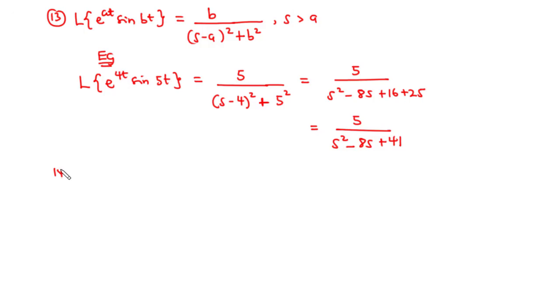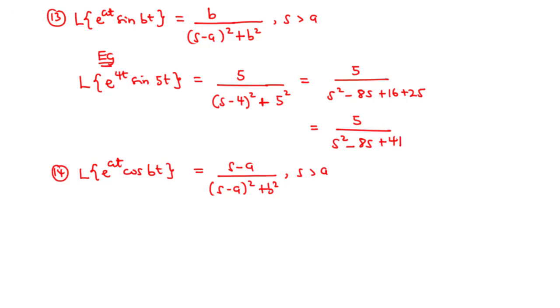Now to the 14th function, we are going to take the Laplace transform of e^(at), this time cos bt, and the transform is given by (s − a) divided by (s − a)² + b², where s is greater than a.